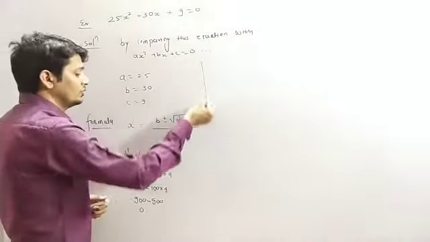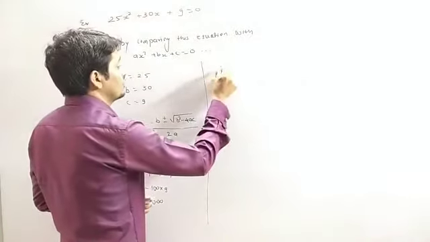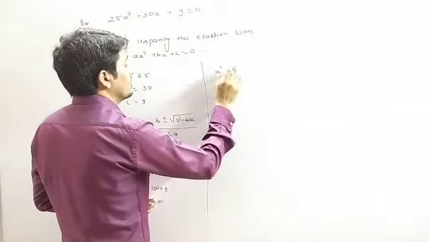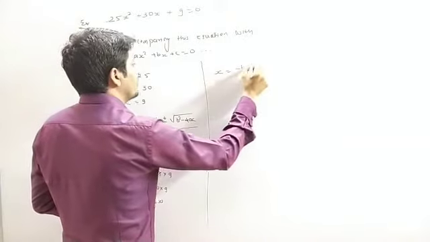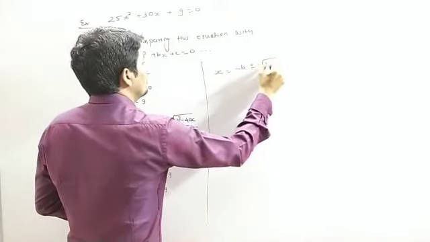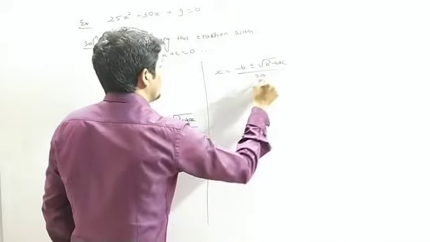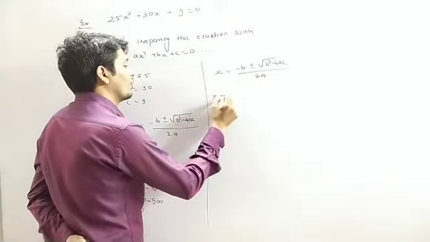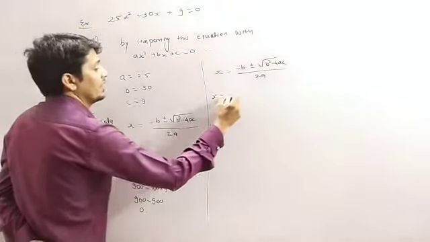So now we will use the formula. What is the formula? x equals minus b plus minus root of b square minus 4ac upon 2a. So see, minus b, so we have the sign minus.